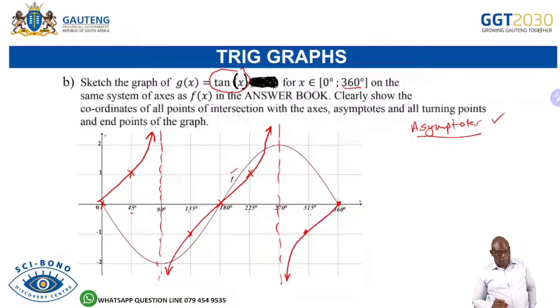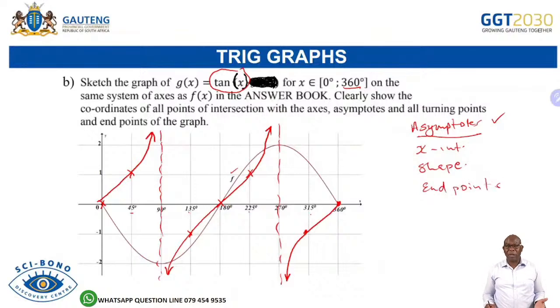This one, I'm going to get marks for the asymptote, the shape, and the x-intercept, which must be correct. So can you see how easy that graph is? And it's 4 marks. The first mark is for the asymptote, another is for the x-intercept, another is for the shape, and the other will be for the endpoint.